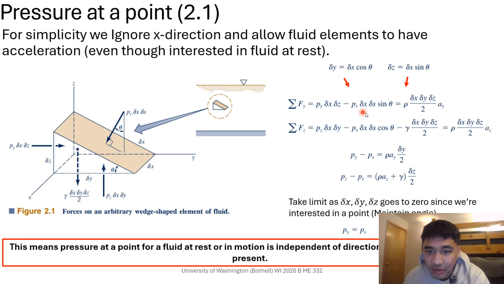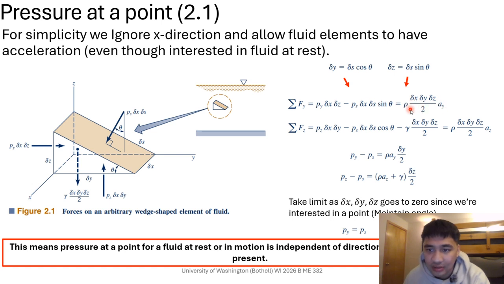We add that, and subtract our pressure P_s, and here we take the sine theta, because opposite over hypotenuse, and that's going in the other direction. So that's subtracting. Then we set this equal to ma, and here is our a, so it doesn't equal 0.